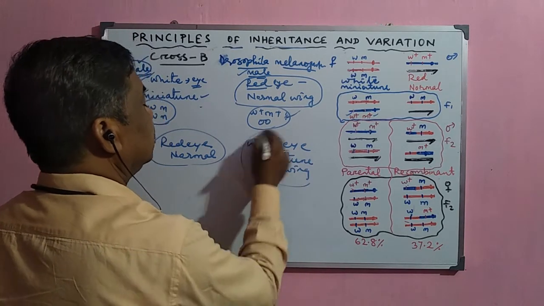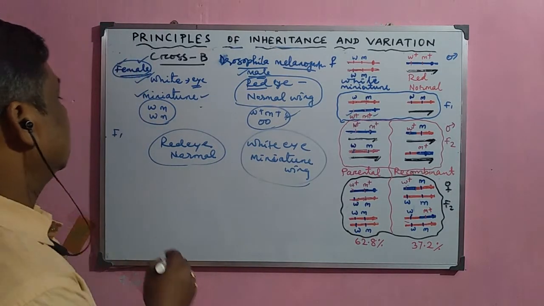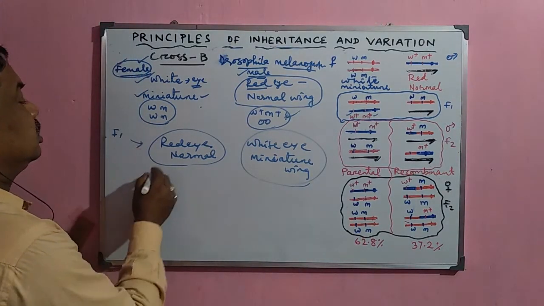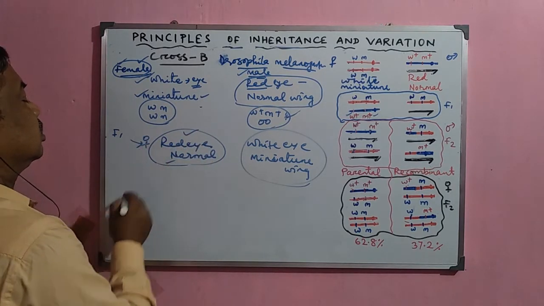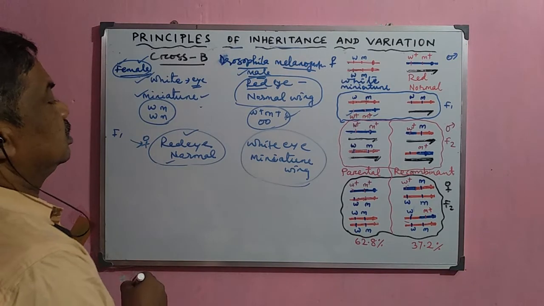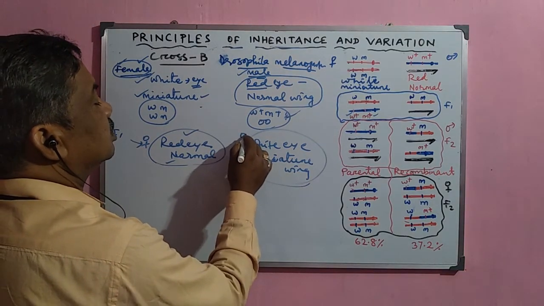So this type of F1 offspring is observed here: the red eye, normal wing females, and the white eye and miniature wing males.